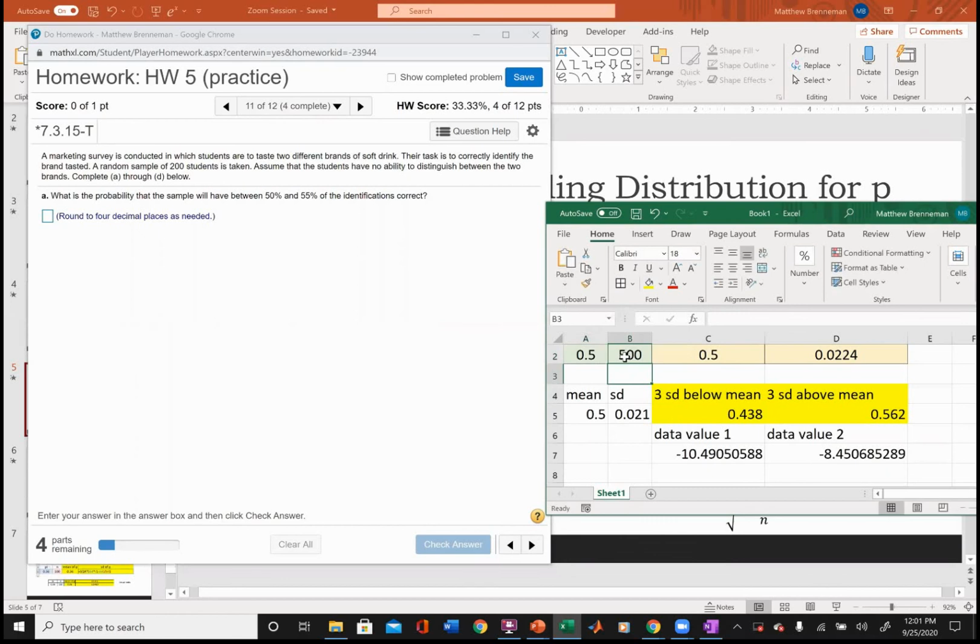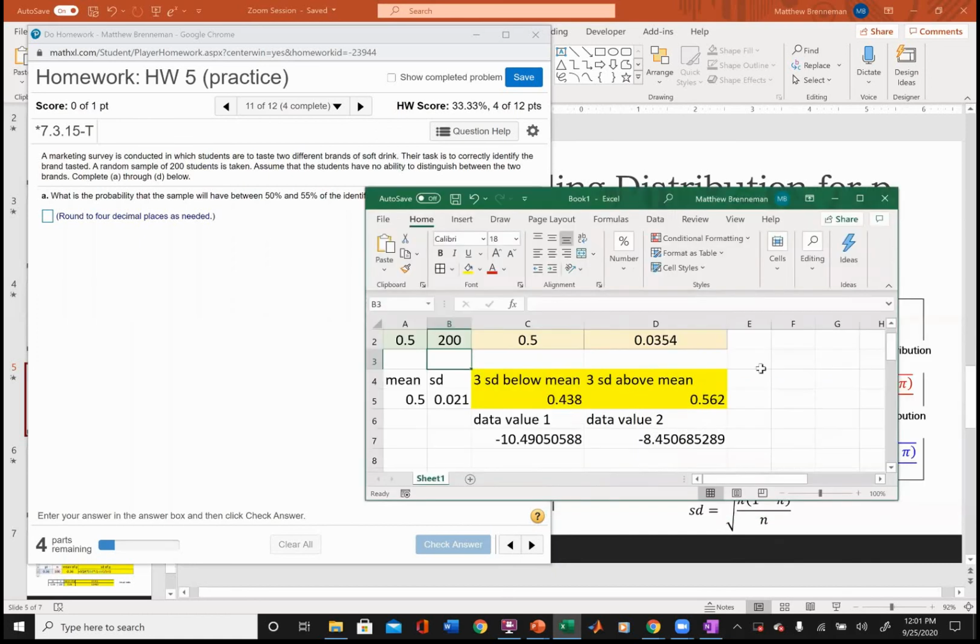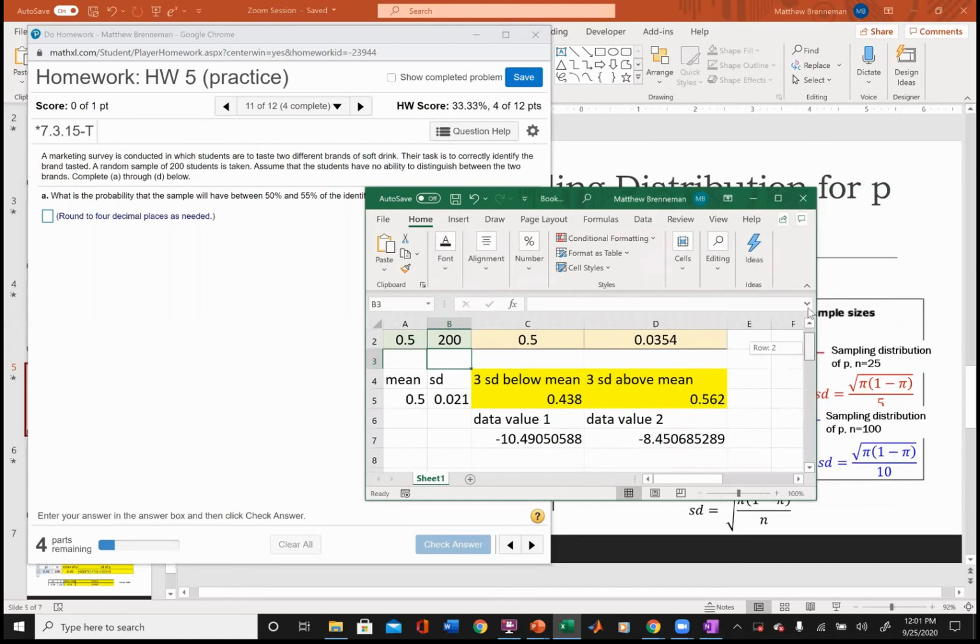My sample is random. It satisfies the condition that n times pi is greater than or equal to 10. And there we go. Okay. So this is the mean and the standard deviation for the sampling distribution right here.